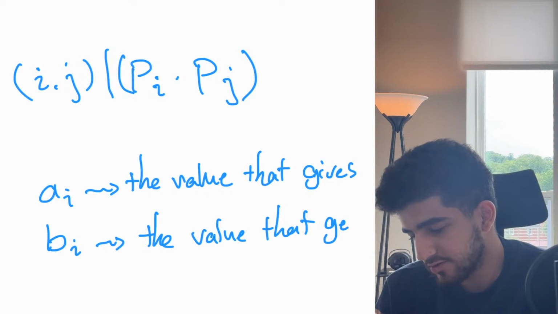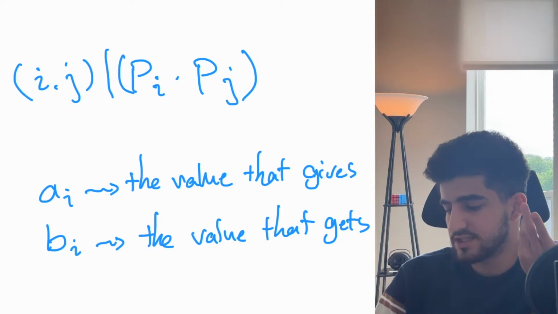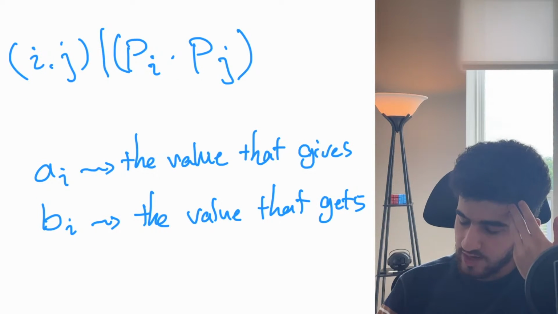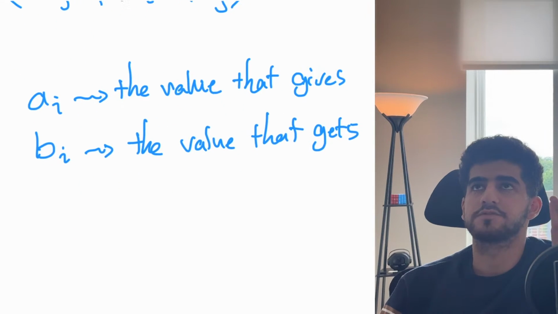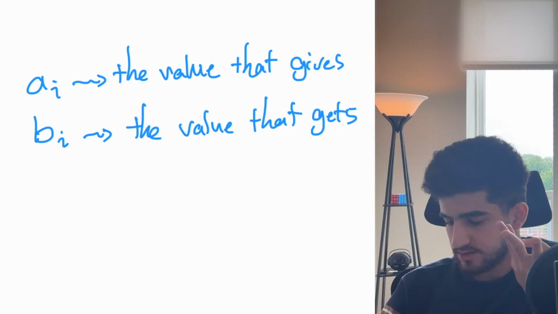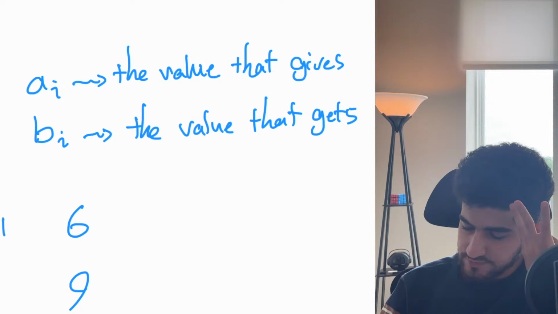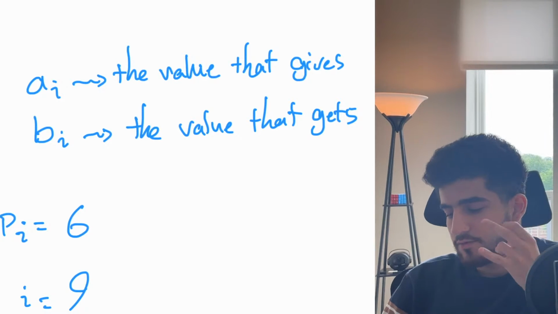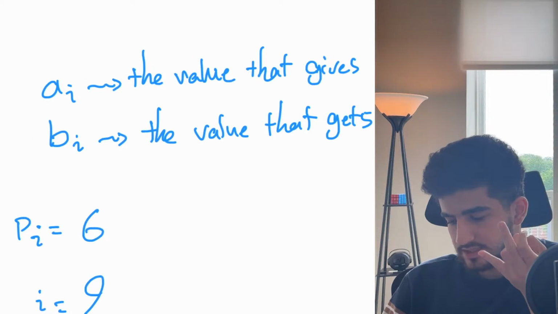What does it mean? I first told you the informal definition of it. It means that, for example, when you have two numbers, one of them is 6, one of them is 9. Say P of i is 6, but i itself is 9. What does it give? What does it get?